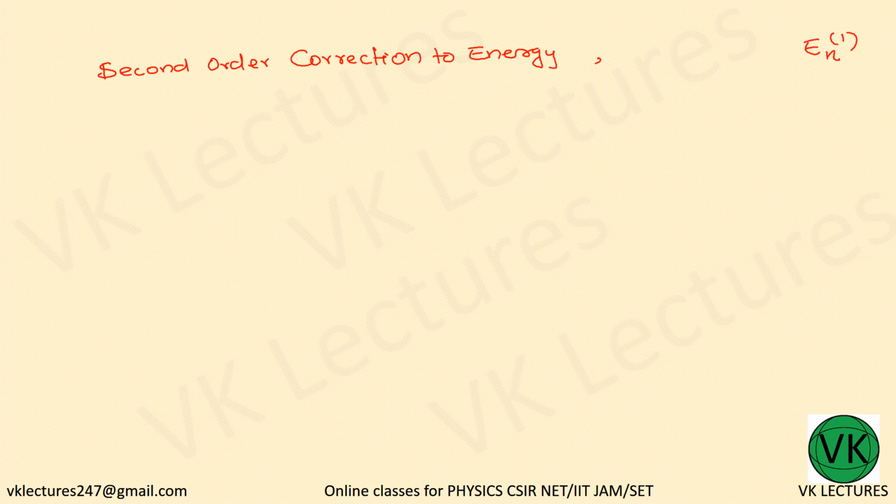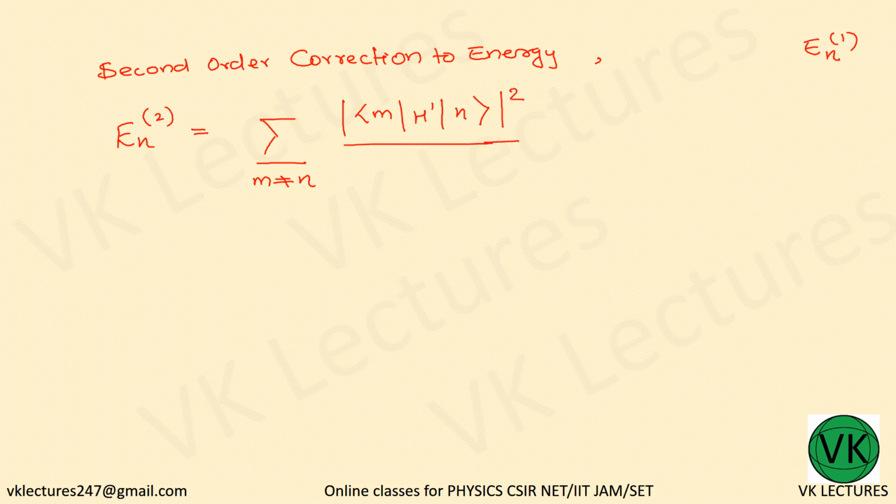Now the second order correction is given by En of 2, that is equal to the sum over m not equal to n of the magnitude of m h dash n whole squared, divided by En naught minus Em naught.